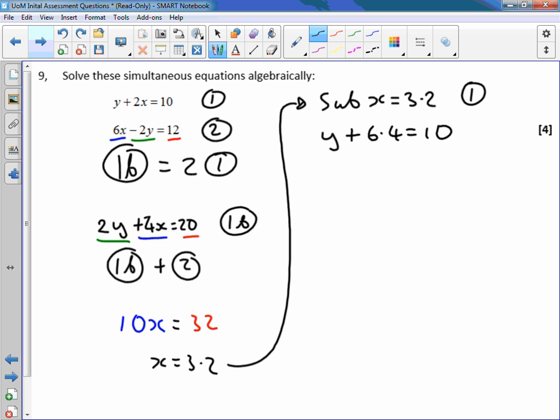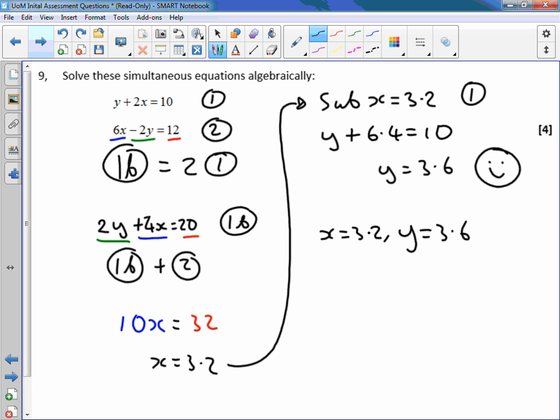So then y must be 3.6. Hey! Happy days. So let's make life easy for the examiner. x equals 3.2, y equals 3.6. I say examiner, make life easy for myself or the other maths teacher.